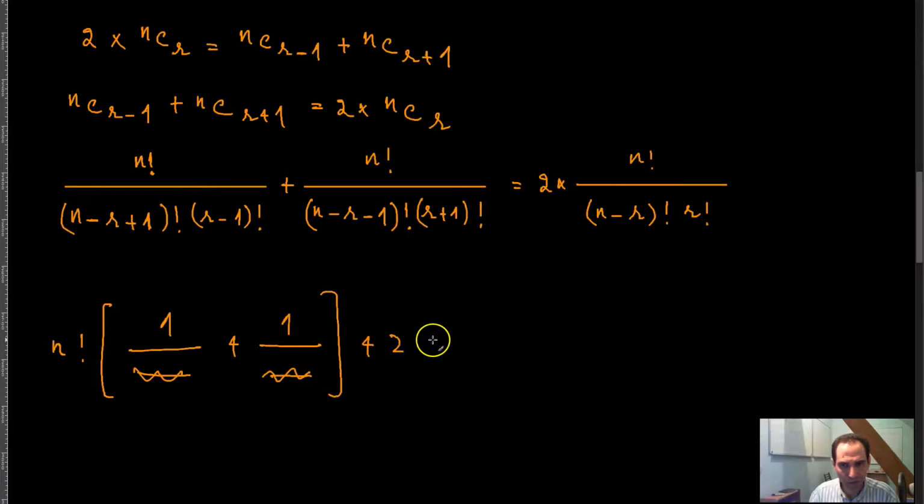Plus 2 times n factorial divided by whatever I have over here. And then I get the 1 over here and n factorial here, n factorial here, both of these are in the denominator. I cancel them out and I'll get a 1 over here, and that's how you cancel them out. Otherwise, since these are added together, you don't want to make unnecessary mistakes there, right?